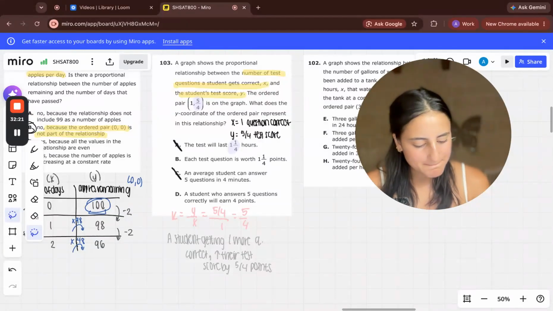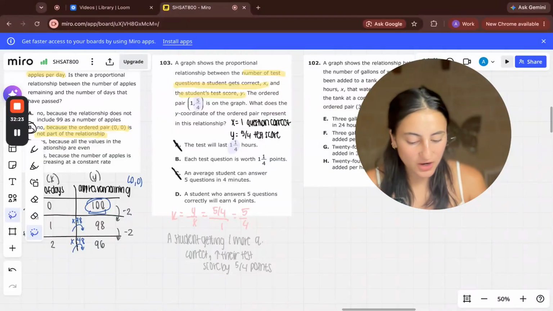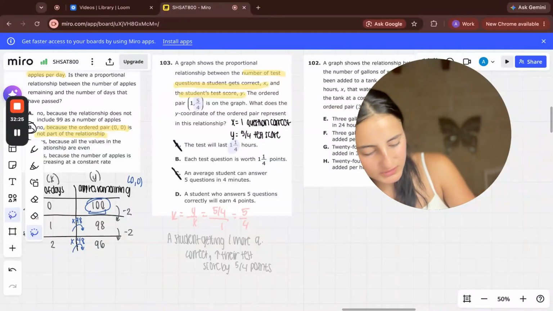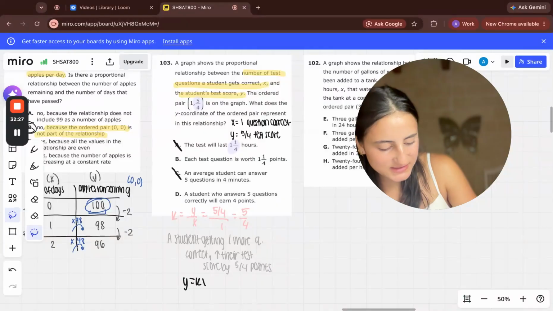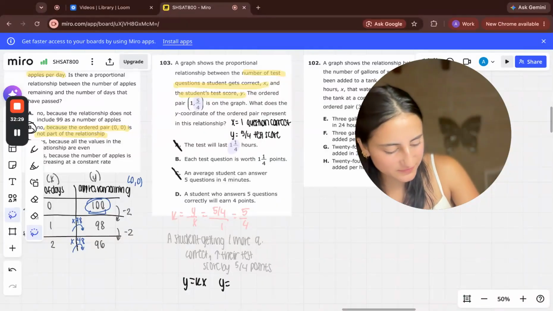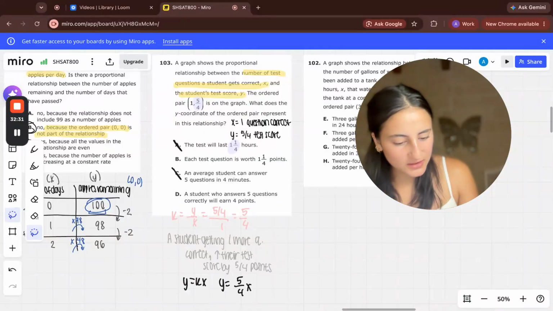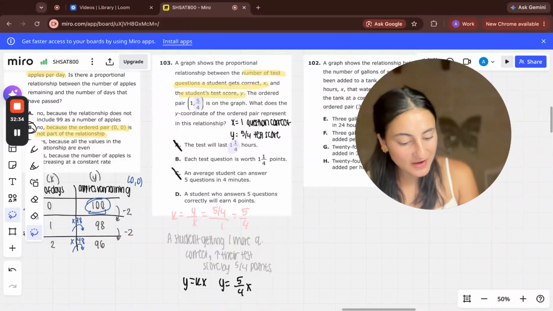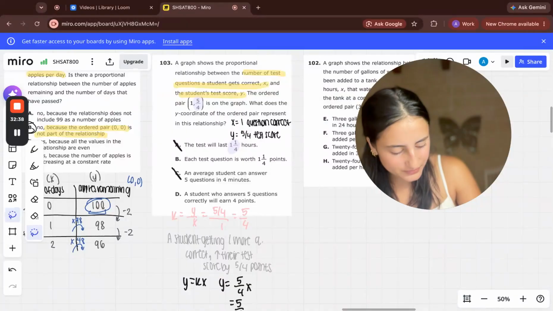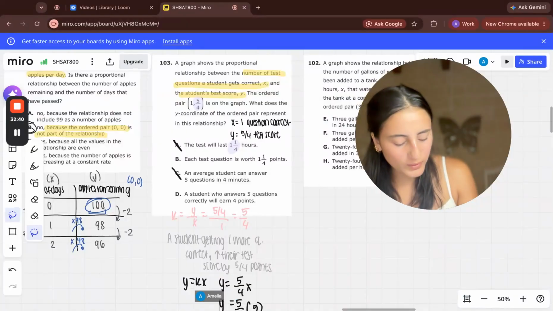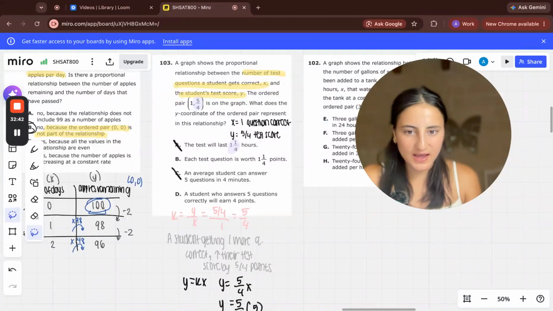No. So let's actually test that out. Y equals KX, and we know that Y is equal to 5/4 X. Now let's test that. A student who answers 5 questions correctly, which is X, so times 5, what is the value of Y, the amount of points they get?